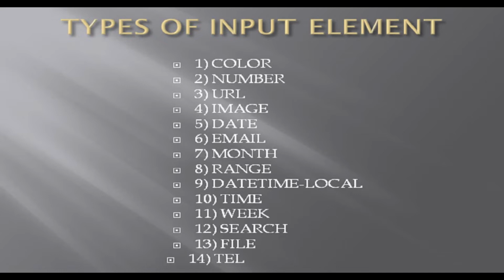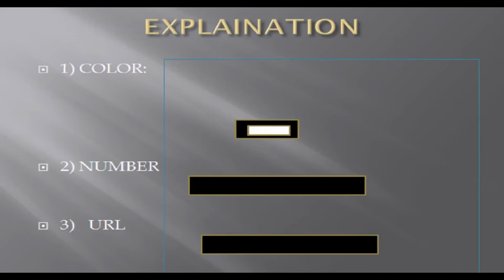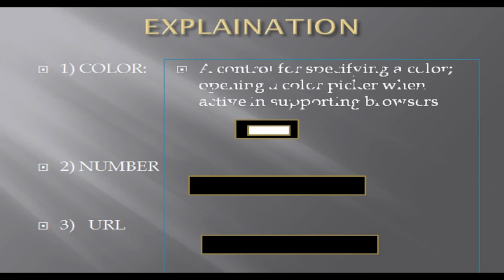Here tel means telephone number. Now first of all we'll see color. Color is one of the types of input element which is used as a control for specifying color. Here we can open a color picker, which is only supported by active browsers.